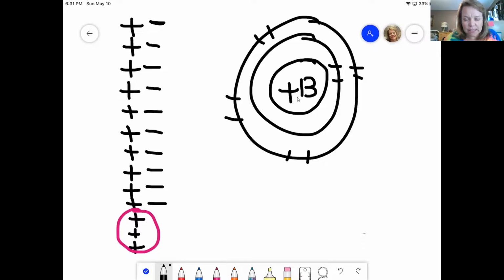This is what it would look like. 13 on the inside, and 1, 2, 3, 4, 5, 6, 7, 8, 9, 10, 10 total. This atom is going to have a charge of +3. And guess what? I'm not just making this up. That's what aluminum does. It typically gives 3 electrons away so that it can be stable. We're going to talk about that later. All right, let's go on to some new notes.